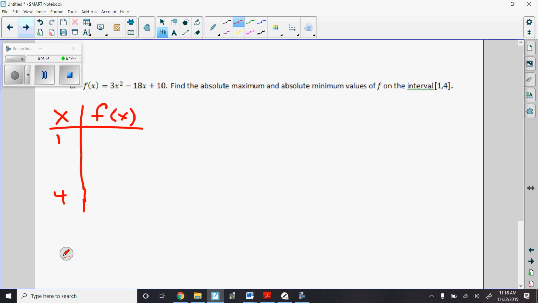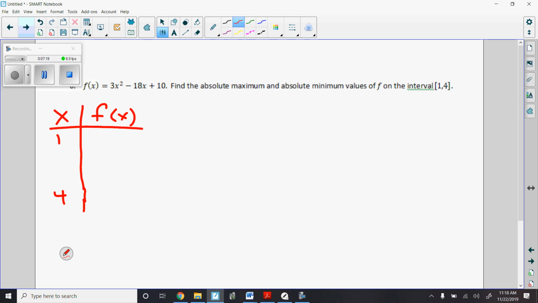I like to write those down first at the top of my chart and at the bottom of my chart, just as a reminder to myself that I'm only going to test any critical points that show up only if they're between 1 and 4. So if I get a critical point at x equals 5 or x equals 0 or x equals 10, I'm not going to test those because they're not on the interval. Okay? That's just a way to keep track of it so I don't make that mistake, which is an easy mistake to make.